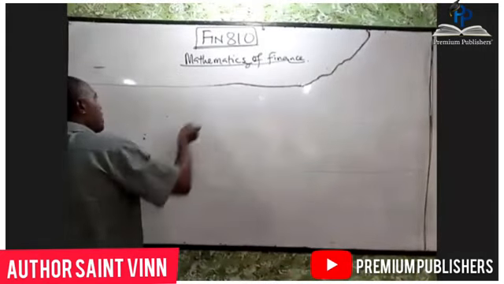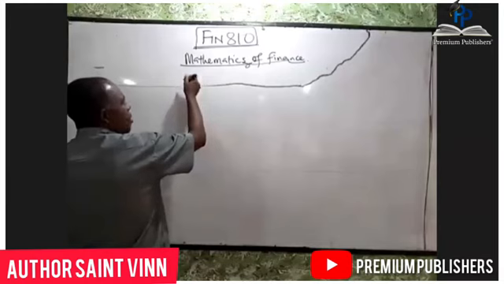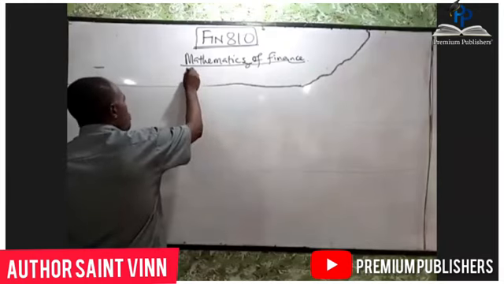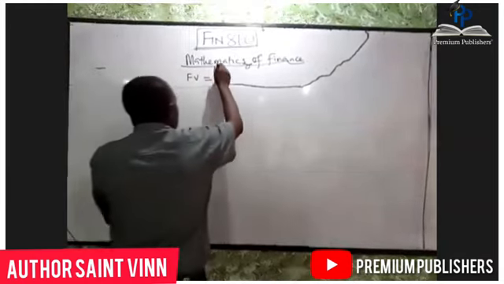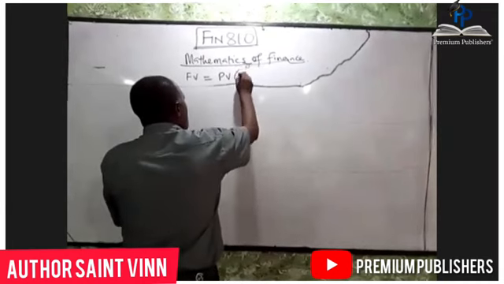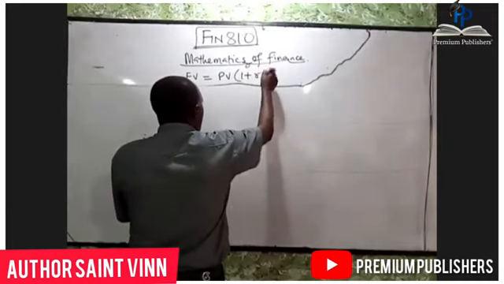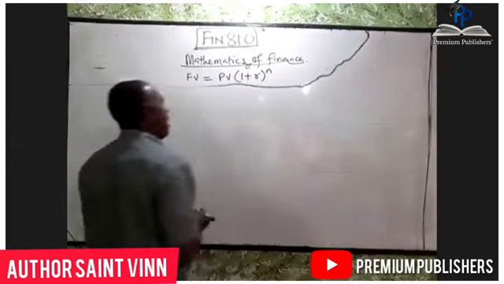Finance. To start with, without much stories, future value of money should be equal to the present value times 1 plus r, all raised to power n.